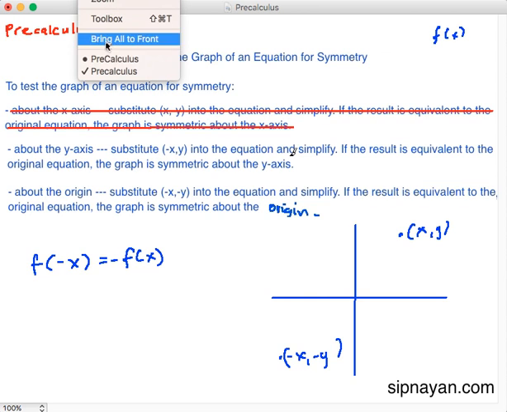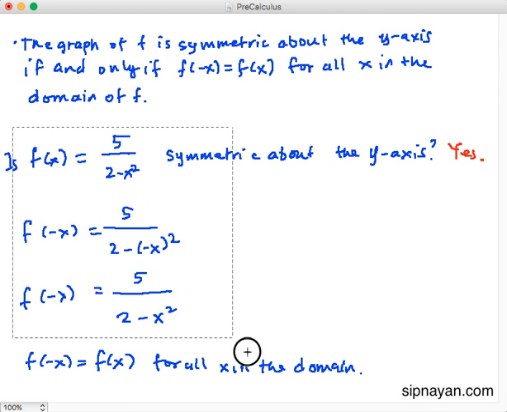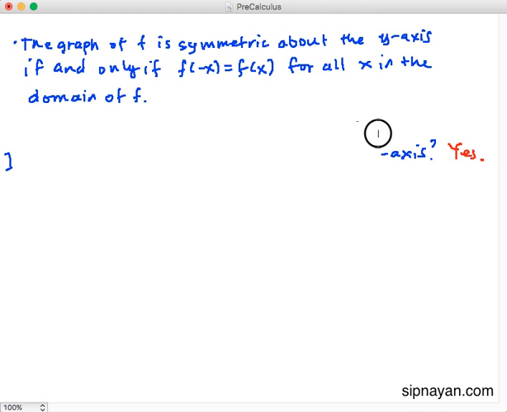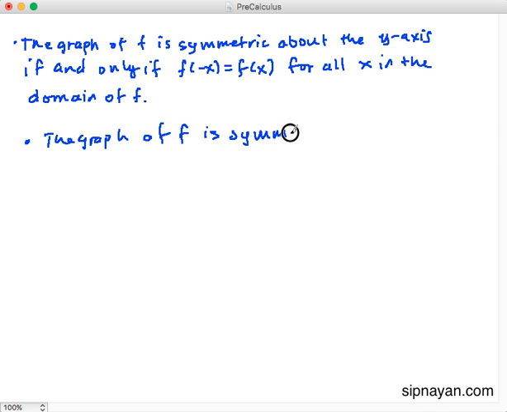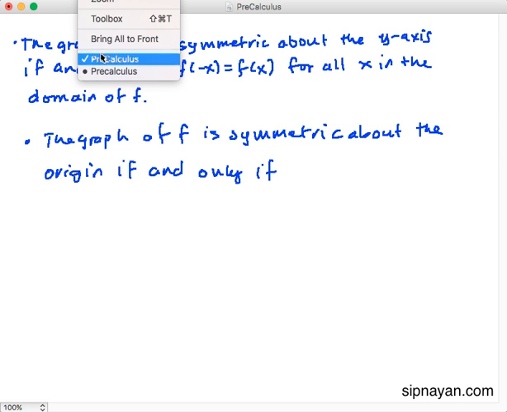So, balik tayo dito sa ating definition from the previous video. Pwede nating palitan na ito, no? So, the graph of f is symmetric about the origin if and only if, ano sabi kanina? Check natin ulit.